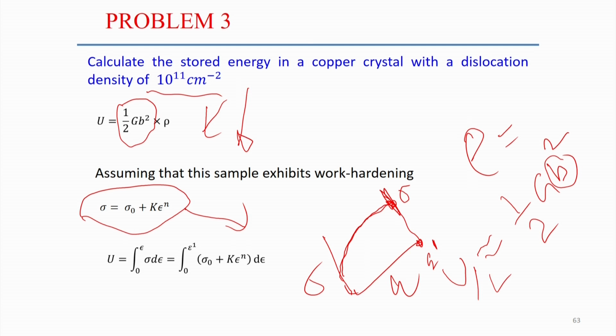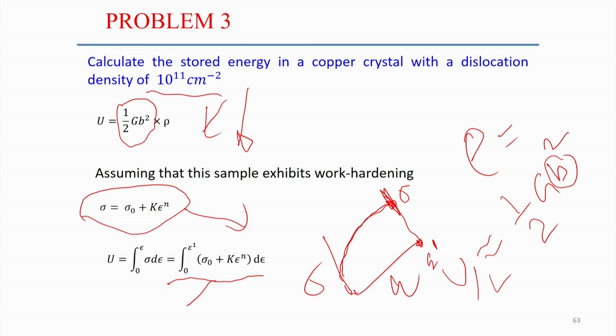Once the stress strain curve is defined for the specific material, in that case the energy per unit volume can be estimated like this: integral from 0 to epsilon of sigma d epsilon. From here we can find out the amount of energy, if we put sigma in terms of sigma 0 and k epsilon to the power n, with integration limit from 0 to epsilon 1, d epsilon.